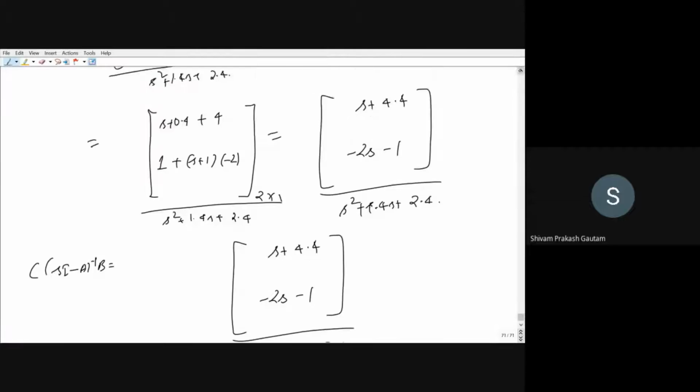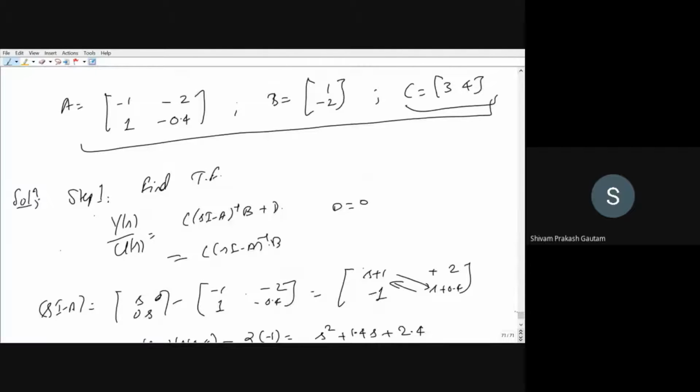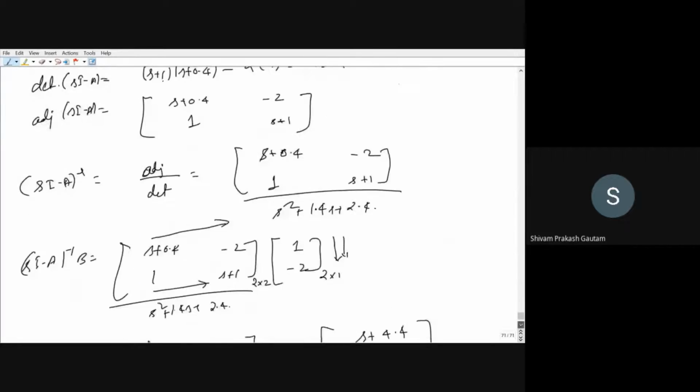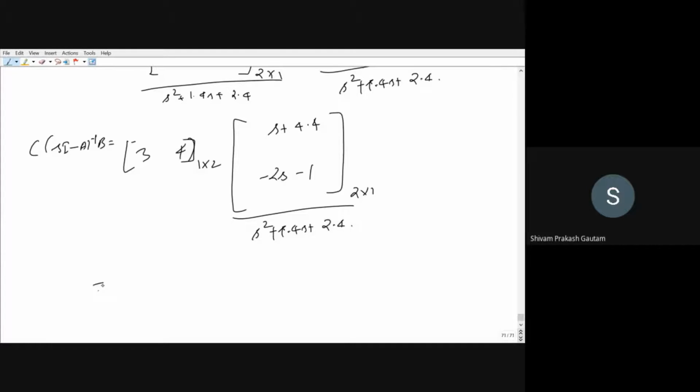And what is the C matrix? The C matrix is given by 3 and 4. You can see here. The dimension of this matrix is 1 cross 2, and the dimension of the other is 2 cross 1, so finally you will have 1 cross 1. That will be equal to 3 into (s plus 4.4) plus 4 into (minus 2s minus 4), whole divided by s square plus 1.4s plus 2.4.